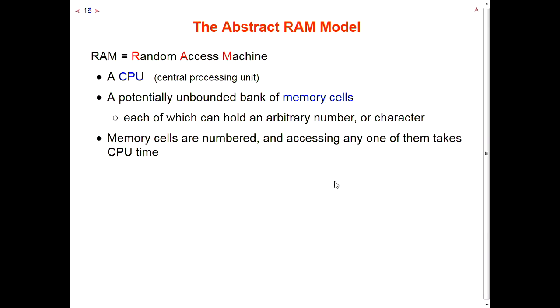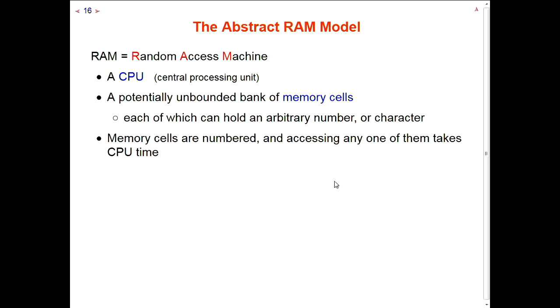How can we investigate the runtime behavior of algorithms? Now we are going to use what is known as the random access machine model, the RAM model, which in its very simple form consists of a central processing unit.